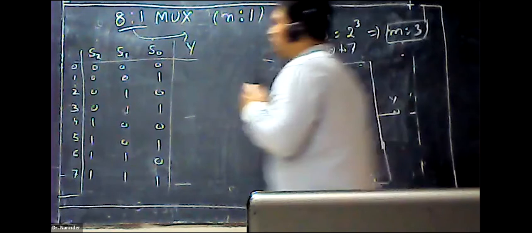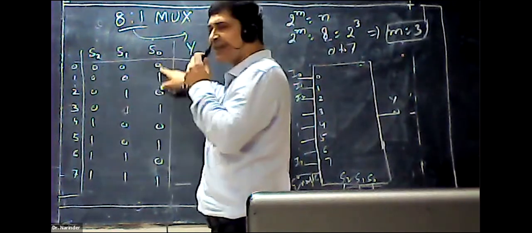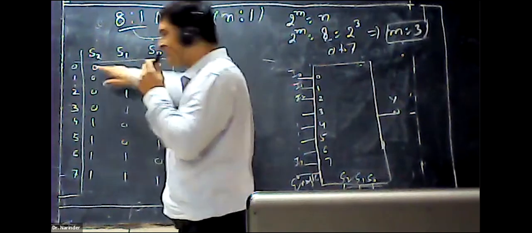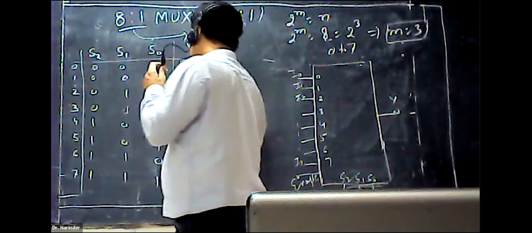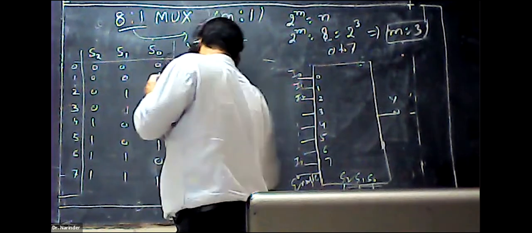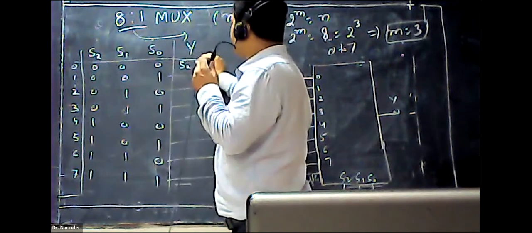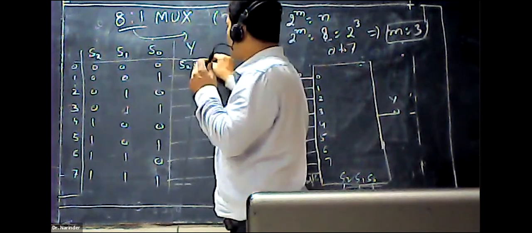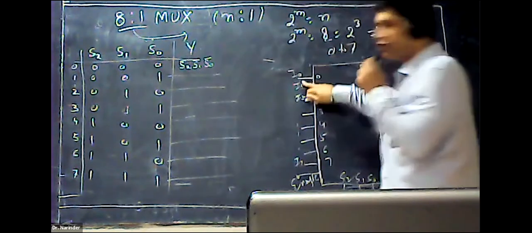As far as your output is concerned, under S2 there is a 0, under S1 there is a 0, under S0 there is a 0. So it is S2 bar, S1 bar, S0 bar, and this is for which input?